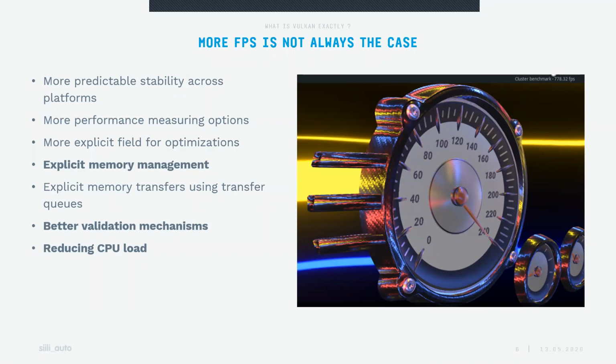It gives some additional extensions which can be used to optimize the application. We have more control over memory and memory transfer operations, and better validation mechanisms. And as I already said, we are able to additionally reduce the CPU load.